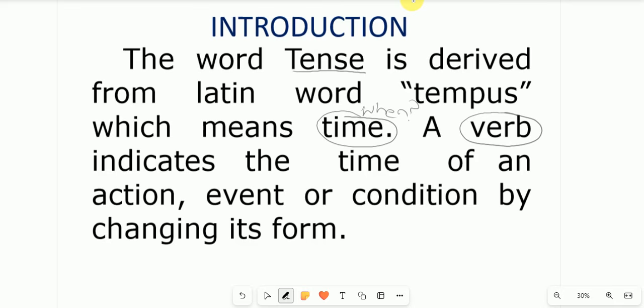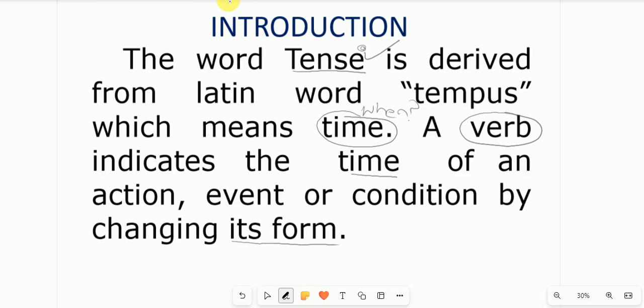So when you look into a verb, which is an action word, the action word will tell you when the action happened, and ultimately that gives us what? It gives us tense. A verb indicates the time of an action, event, or condition by changing its form.